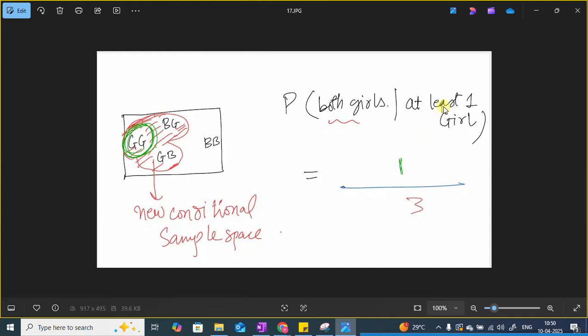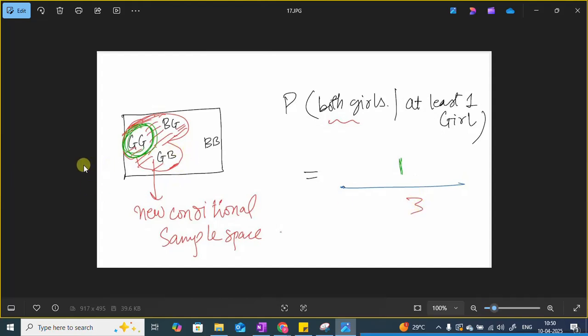Out of this, at least one girl means only three conditions I will accept; boy-boy I cannot accept. Out of these three, how many times will both girls come? Only one time. So out of three, one time. So 1 by 3. Can I write? So the new conditional sample space gives 1 by 3.